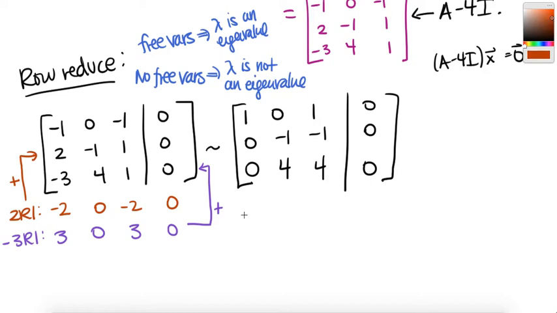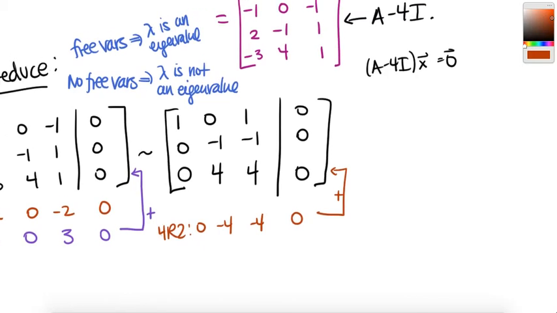Okay, I am going to use this -1 to clear out the 4. So I'm going to do 4 times row 2, and that's going to give me 0, -4, -4, and 0. And then I'm going to add those together. The first row didn't change.